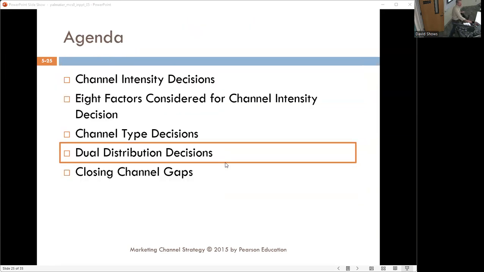So the last is dual distribution. So in the 80s, when my friends were shopping for their houses, I don't know whether you knew this or not, but North Carolina was the #1 stop for shopping furniture in the United States. We're talking almost 100 years.